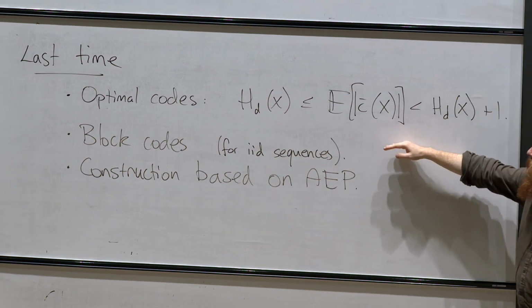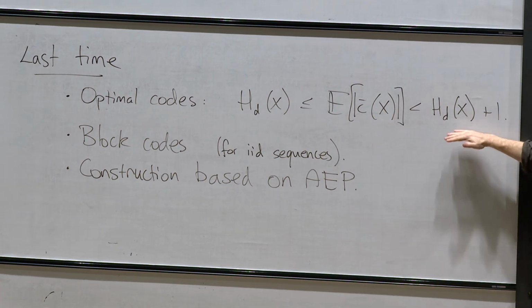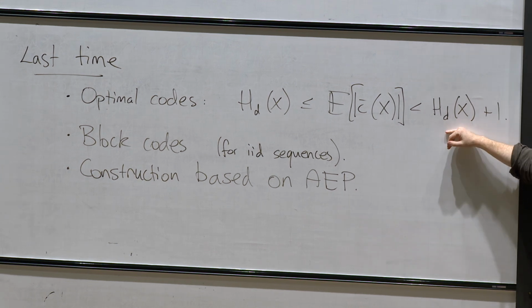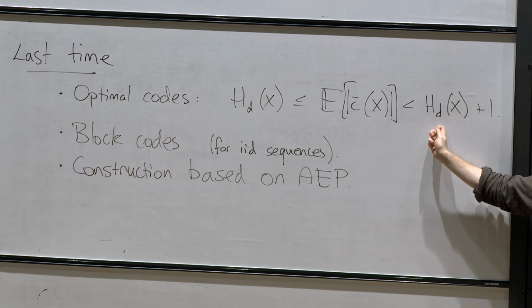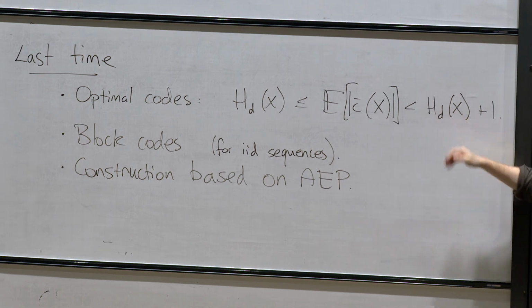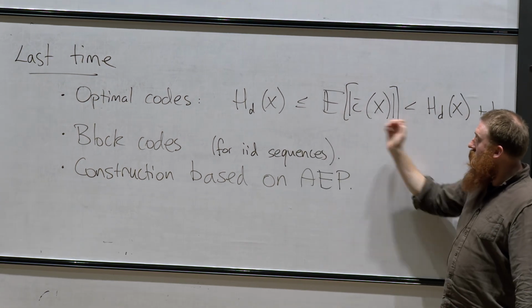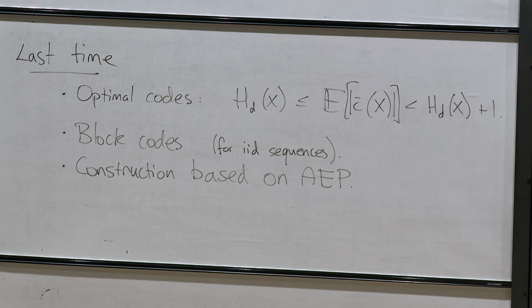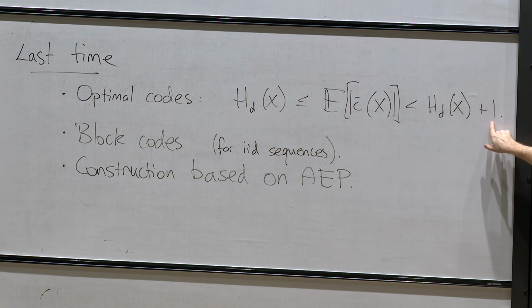We also saw that it was indeed possible to do better than the entropy of the input plus 1. We can always beat this. We didn't give a constructive argument, but we showed that this inequality must hold for the optimal code. We then said, well, the problem is this plus 1. It's a gap on the right-hand side, which doesn't make us feel that great.